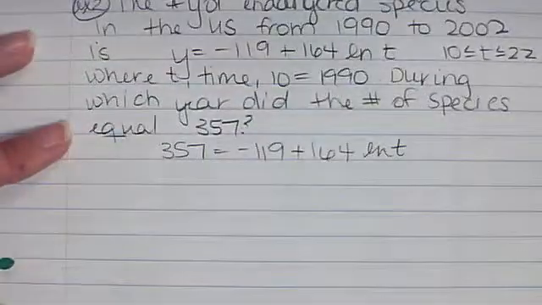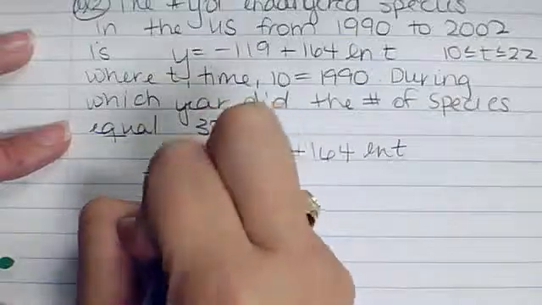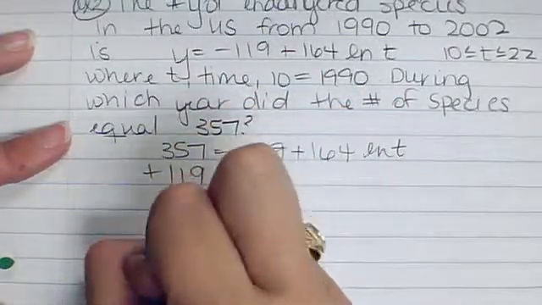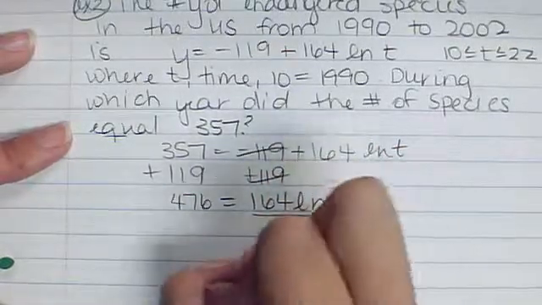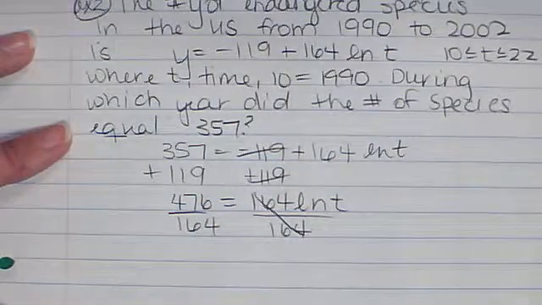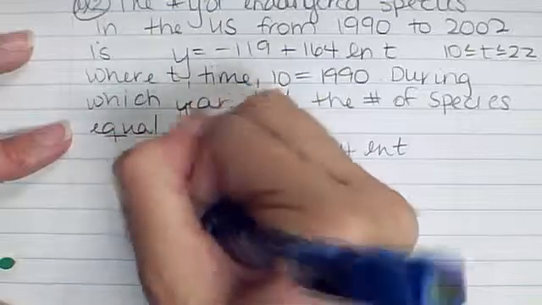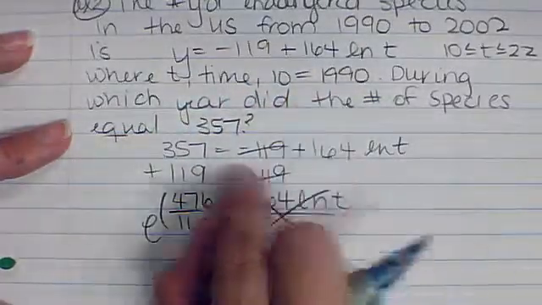If I want to get t by itself, I'm going to start by adding 119 to both sides. And so I'll have 476 equals 164 natural log of t. Divide both sides by 164 so that natural log of t is by itself. To get rid of natural log, I'm going to raise it by the power of e so that those two things cancel. And now I have t equals this.